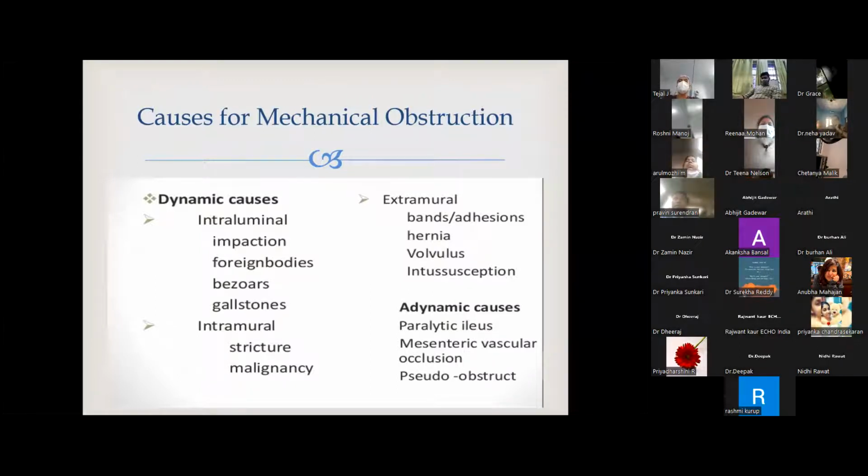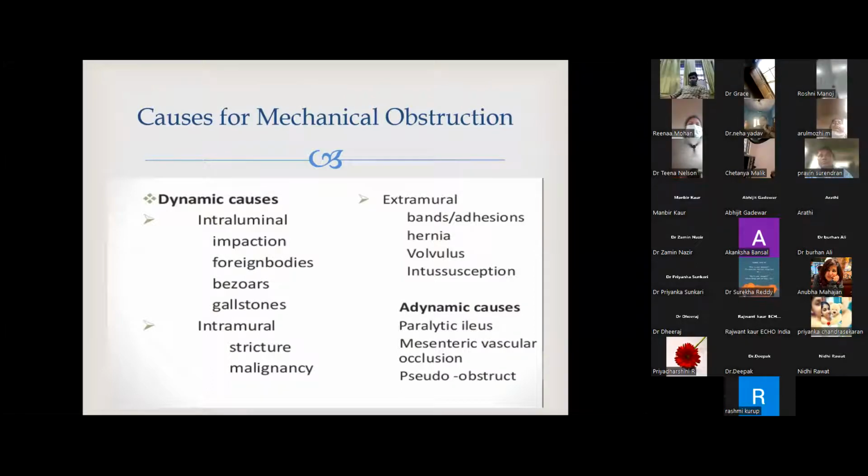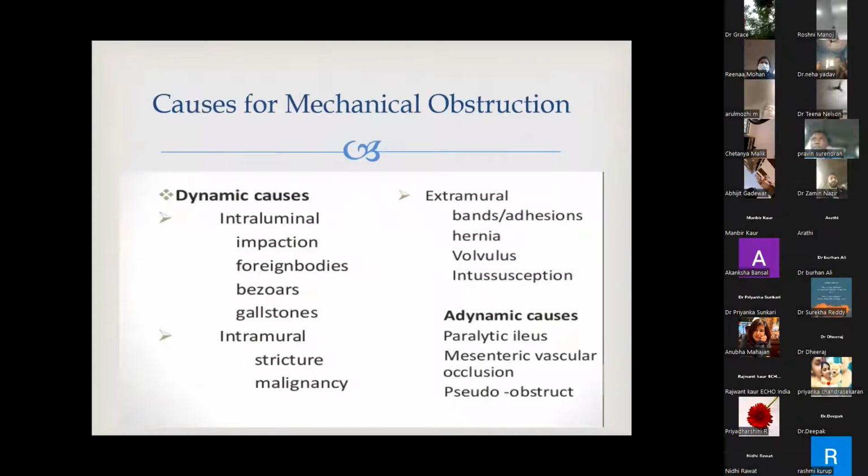Now, extramural would be, again, adhesions, again, because of RT, or that the patient has had radical abdominal surgery, which has led to the extramural adhesions. Hernia also could present, and also probably lead on to strangulation.